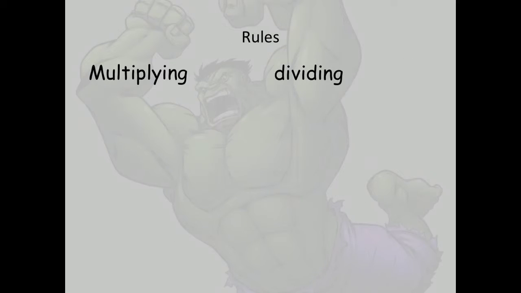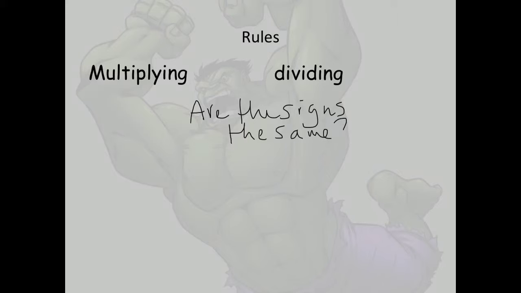Well, to answer that, we're going to have to look at rules for multiplying and dividing integers. Good news is that the rules are the same. We still ask ourselves the first question, like we did with adding: are the signs the same? Now keep in mind, right now I'm talking about multiplying or dividing with 2 numbers. If you have more than 2 numbers in a row, it changes, and we'll talk about how with multiplying we can make it a little easier.